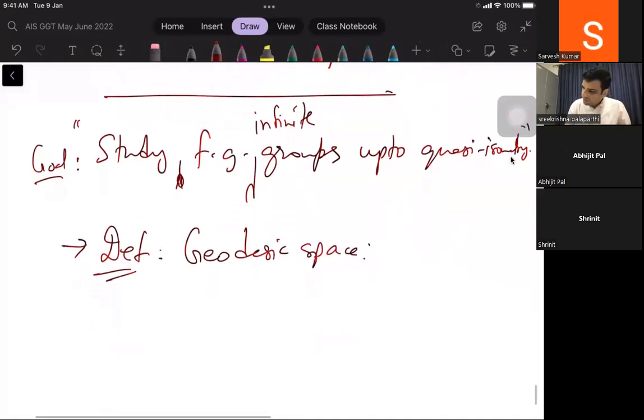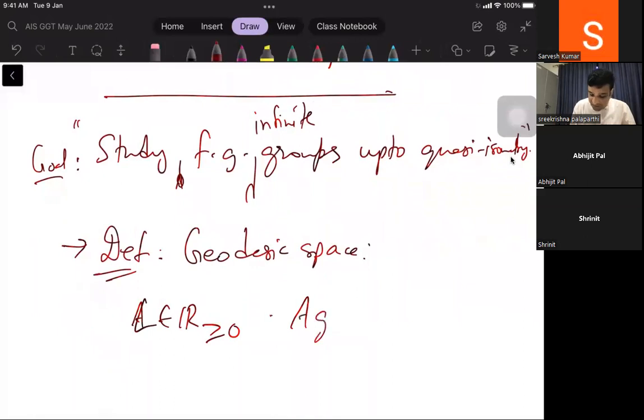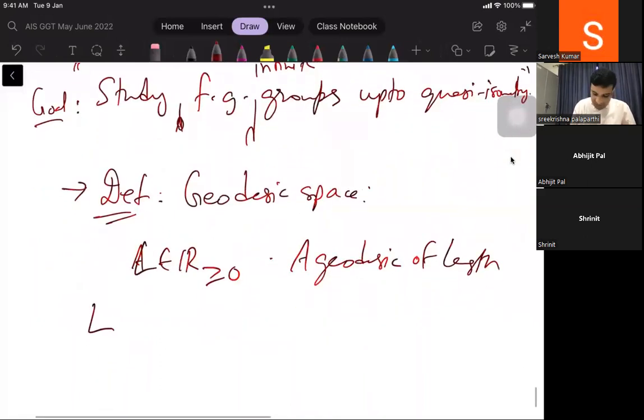We'll define a geodesic of length L, where L belongs to R. Here X is a metric space with a metric d.